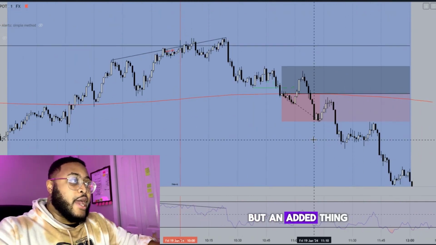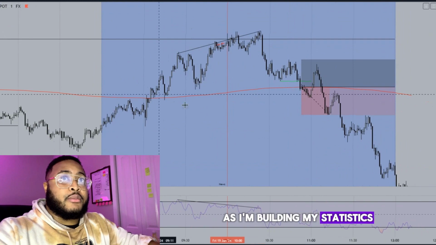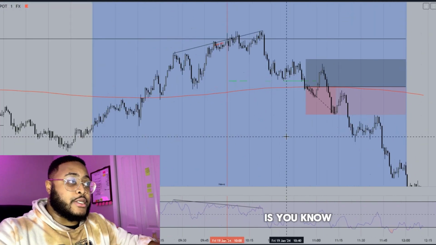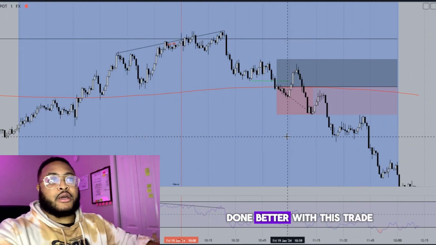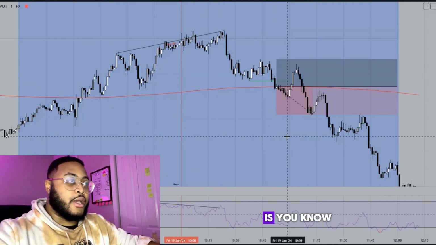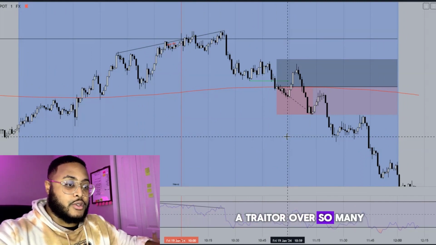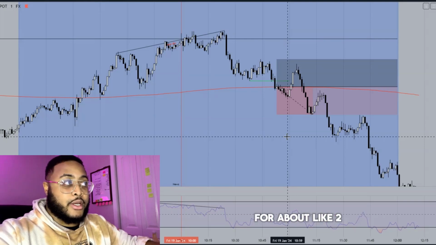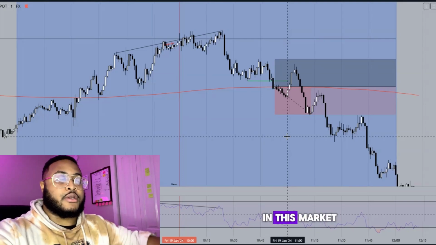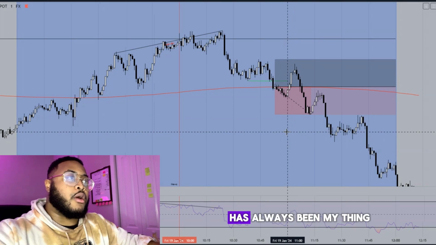But an added thing that I'm doing as I'm building my statistics is asking, what could I have done better with this trade? I know, being a trader for about 2-3 years, actively trading in this market, 1R has always been my thing.